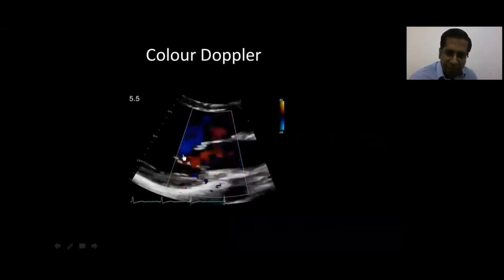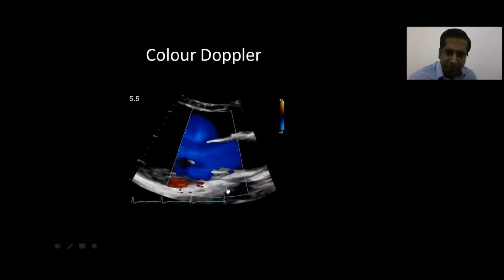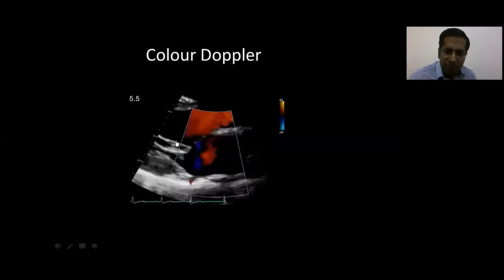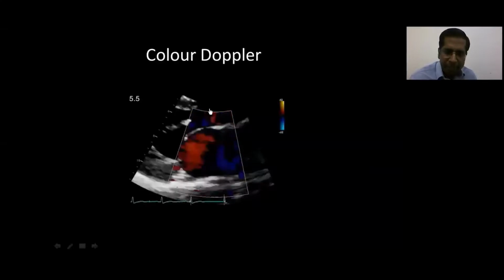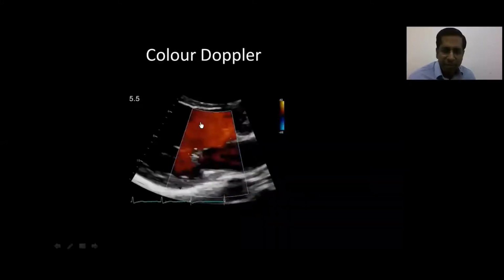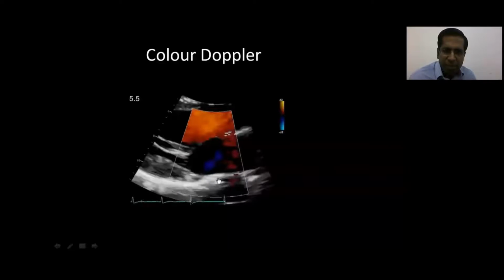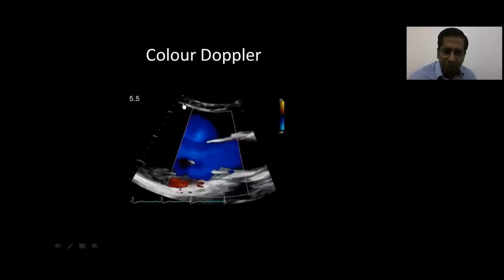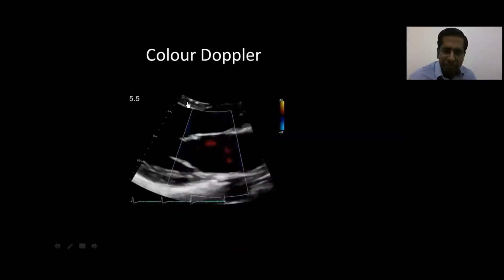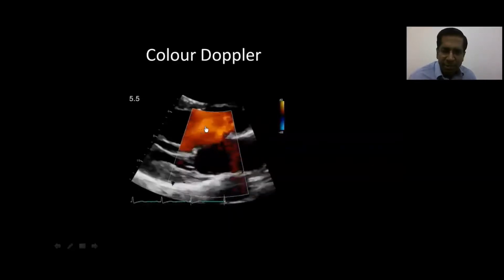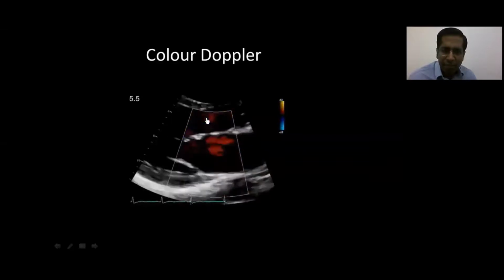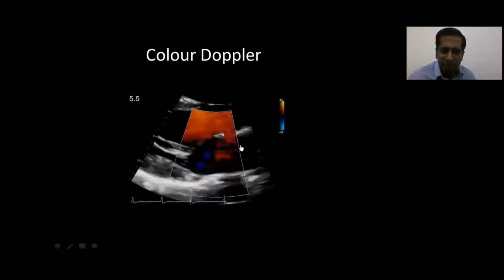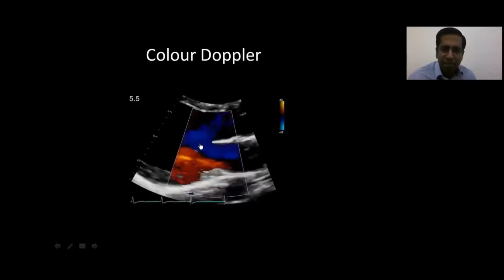Again, one technical tip: always zoom. That is something I have mentioned, because for the given number of pixels, you are otherwise seeing a much larger part of the heart. This particular space has a fixed number of pixels, and you can choose to fit the whole heart into this area, in which case that will be the resolution. Or you can select a given portion of the heart and use the same number of pixels to see that particular structure.